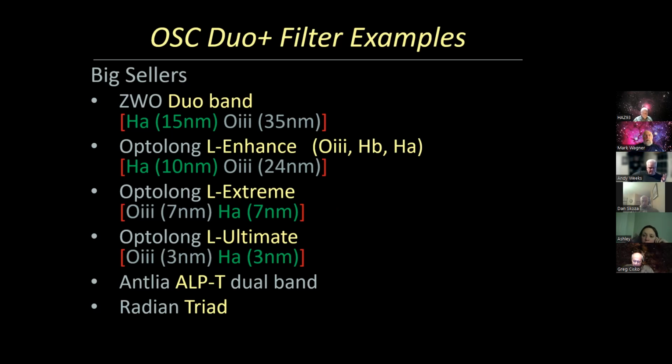Because what I found on the hydrogen alpha narrowband is you've got to take longer or more exposures to get the same signal. Right. So there's quite a difference between a 7 and a 3 nanometer band hydrogen alpha in what you have to do to get the image. Well, we should talk about that now.